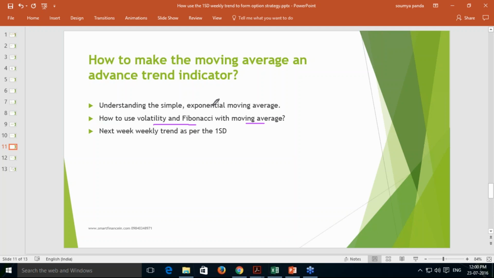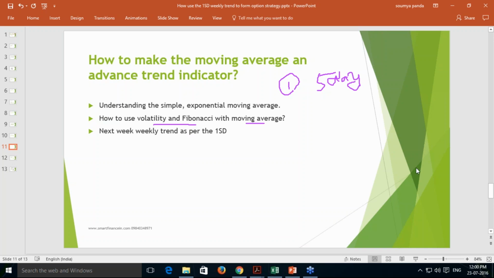Why have we made these changes? Many of you will know that there are two different ways to implement the moving average in your studies. One is the moving average based on price valuation. Suppose you are taking a 5 days moving average, any type of moving average you can take, exponential or simple or triangular.